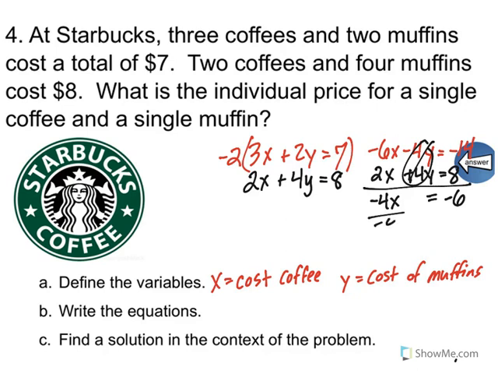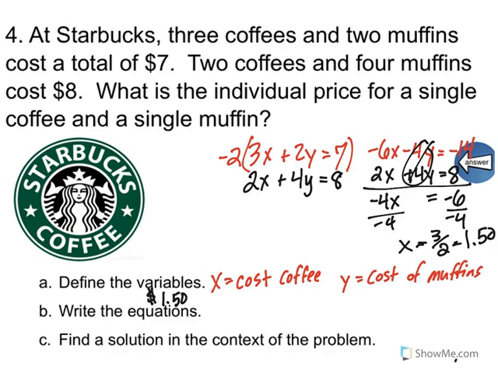And when I divide that, I get x is equal to 6/4 or 3/2, which would be $1.50. So I know that the cost of each coffee is $1.50. I would use that in one of the two other equations.